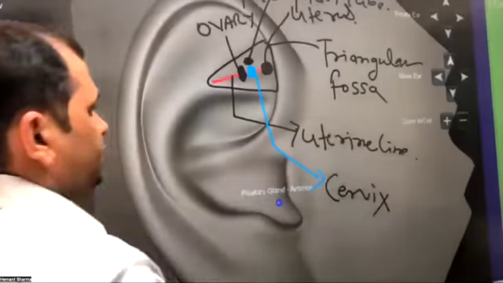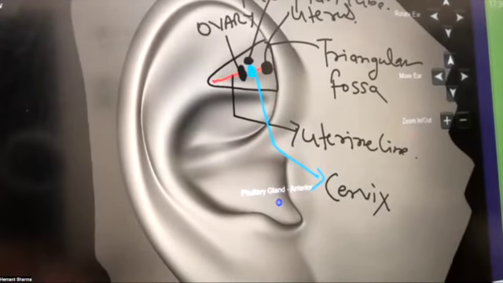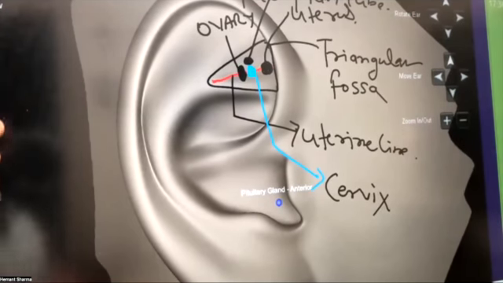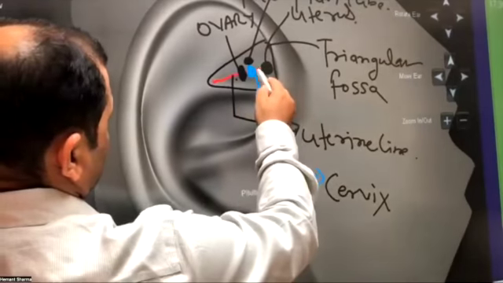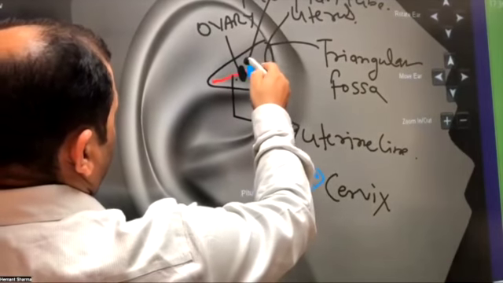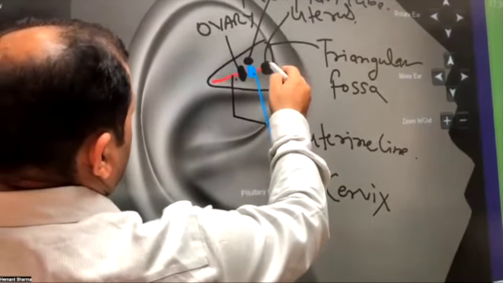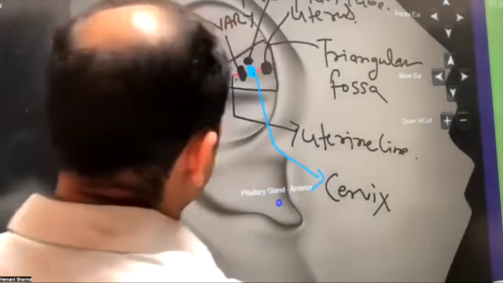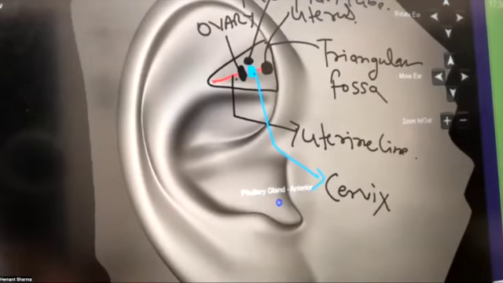So the fallopian tube and cervix are found at the same level here. तो यहां पर fallopian tube और cervix एक ही लेवल पर पाए जाते हैं. So in this way, ovary, cervix, fallopian tube, and the uterus. Remember all these points.